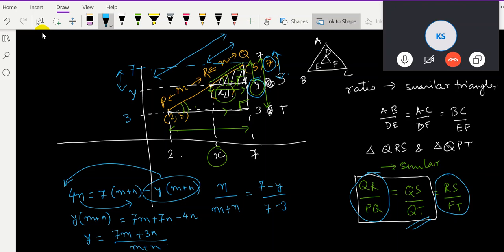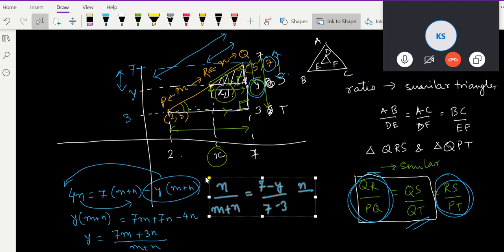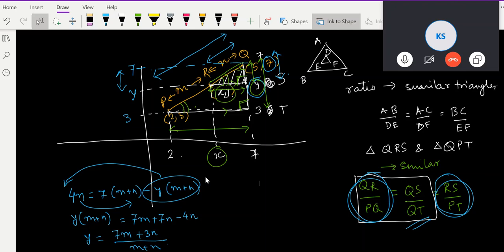Similarly, I can find the value of x if I take the other pair, which is QR by PQ and RS by PT. So QR by PQ will remain as is, n by m plus n. And what would be RS?